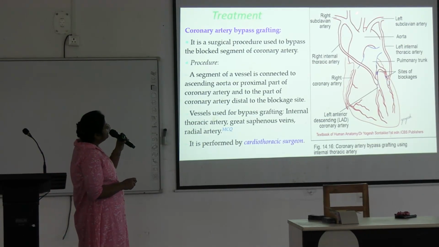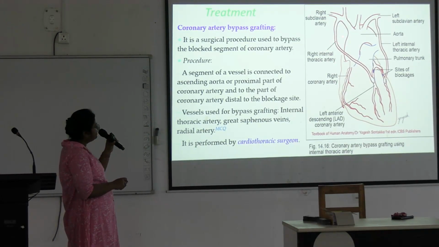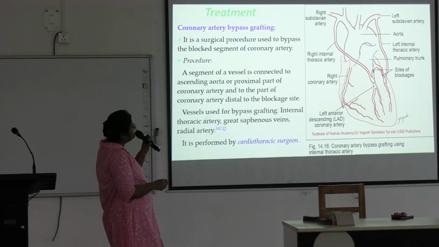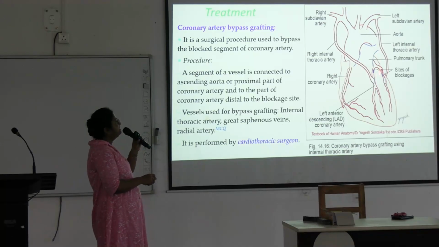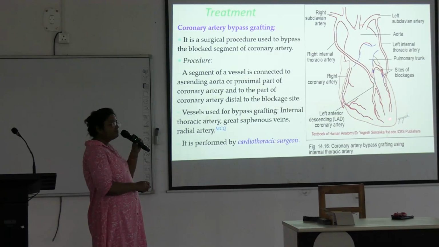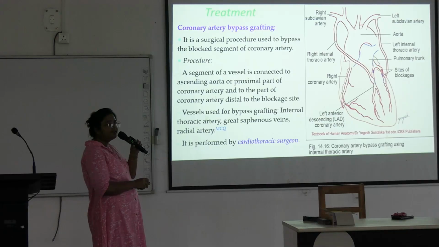Okay, see here right internal thoracic artery or internal mammary artery is connected with the distal part of the anterior interventricular artery. Here is the site of blockage. Distal to the blockage it is connected. So the distal part will get blood supply from the right internal thoracic artery.